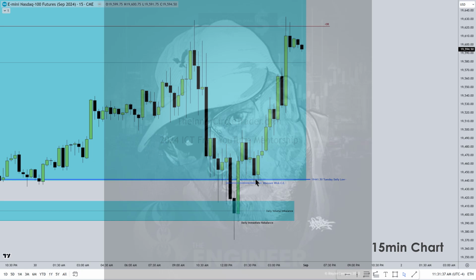Yes. And I'm keying off of the consequent encroachment of this discount wick. Why is this wick a discount wick? Because price is up here, dropping back down into its range. That's what makes this a discount array. Look at the sensitivity of it. Look at how price delivered on Friday's trade, where I got in. So I want you to be mindful of that.